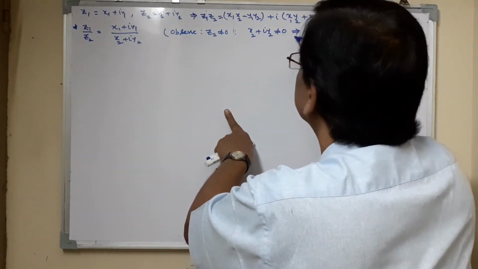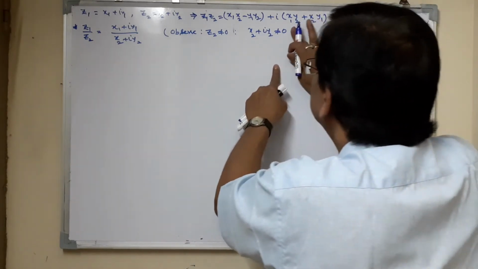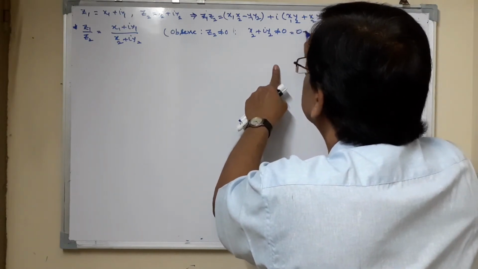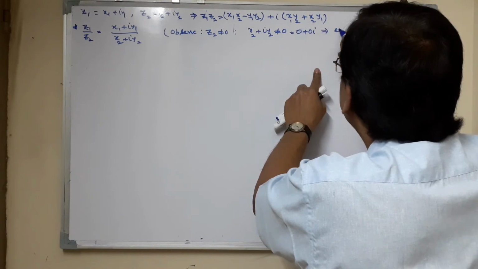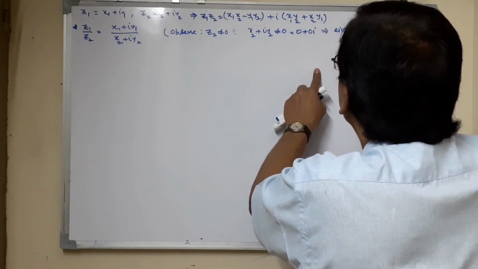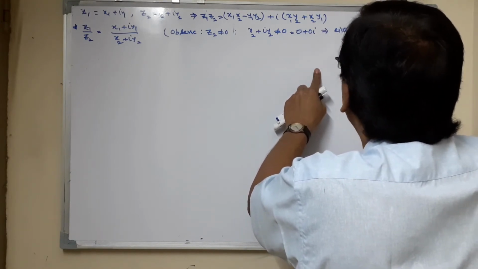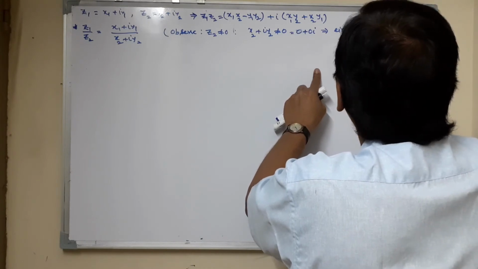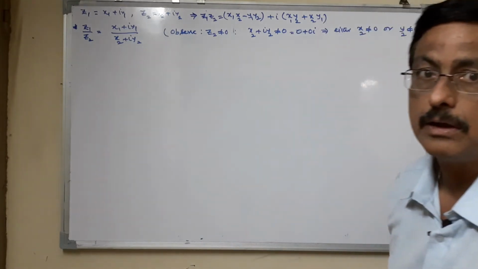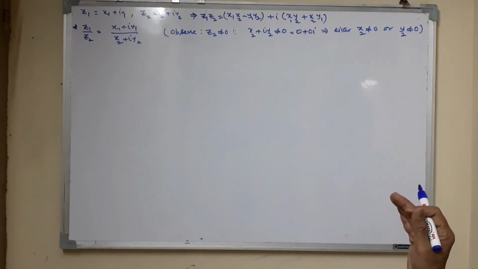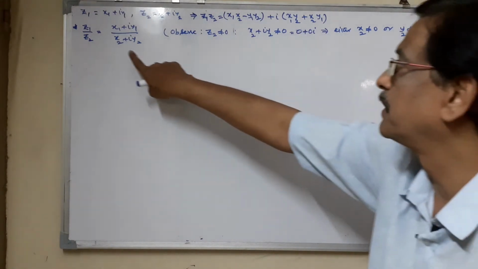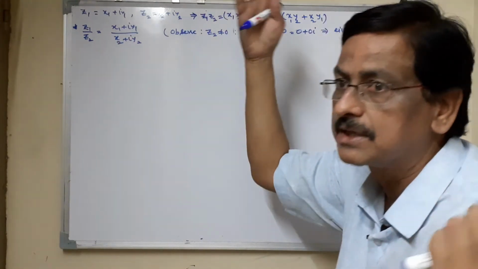That means, 0 can be written as 0 plus 0i, so either x2 is non-zero or y2 is non-zero. Both need not be non-zero. At least one is non-zero, that's fine.